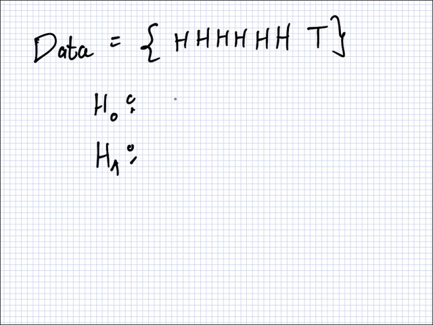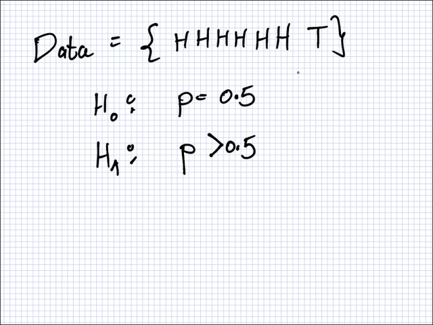The null hypothesis is that it's fair, that p is 0.5, but the alternative to being fair, to be more precise, is not that it's unfair, but rather that the probability is actually more than 0.5.